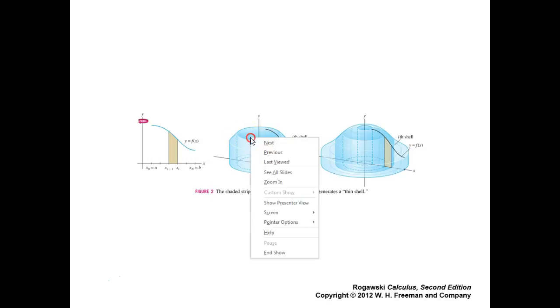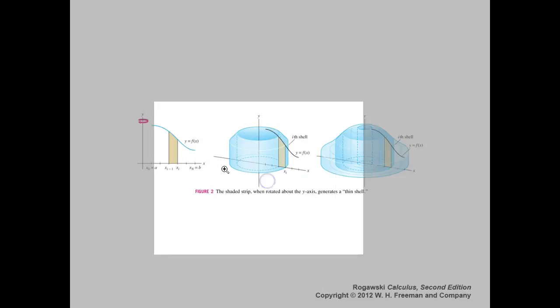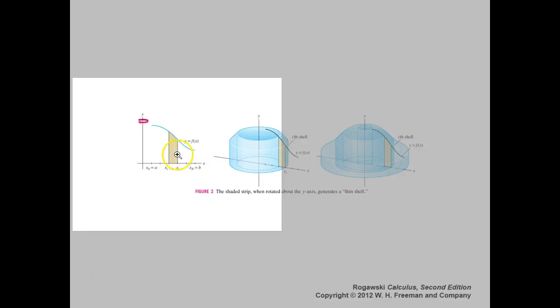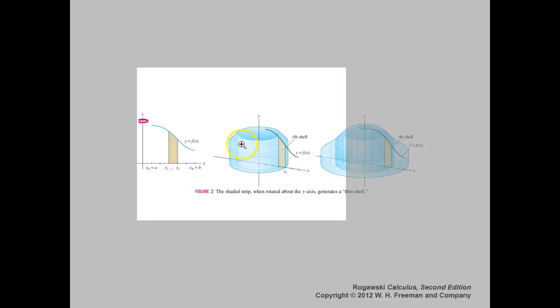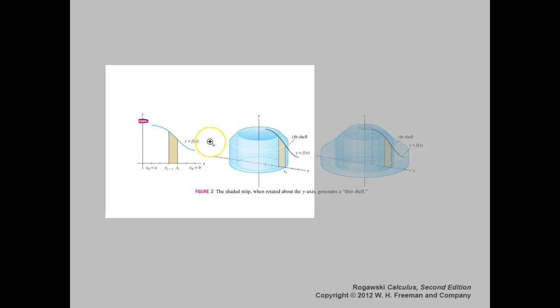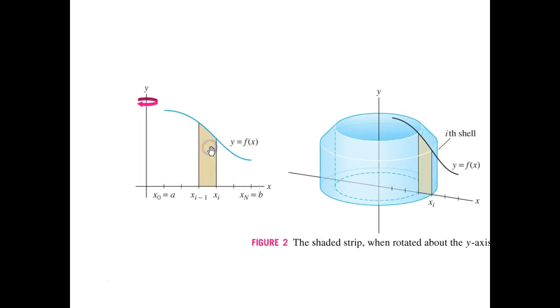Now, what if you have a curve like this that you're rotating around the y-axis, not the x-axis? X-axis wouldn't have been too bad, but you're rotating this around the y-axis. Now, this curve here from A to B, rotating that around the y-axis.